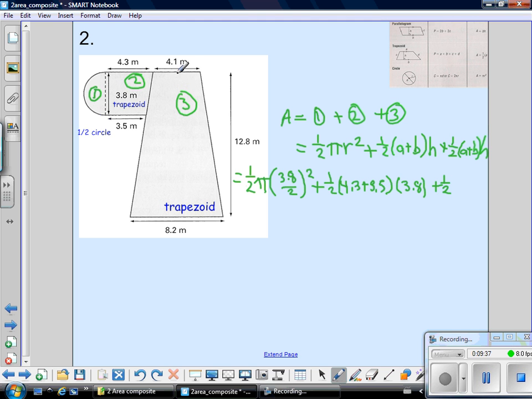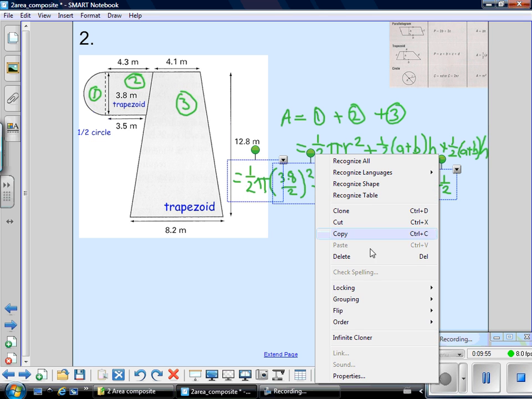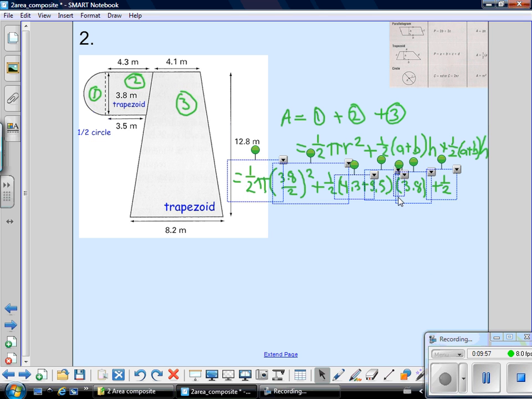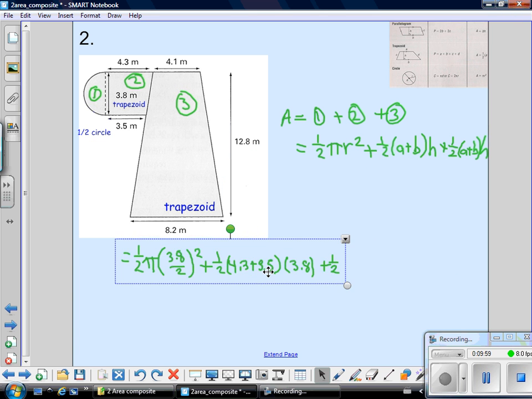This time a plus b, 4.1 and 8.2. And obviously I still didn't make that small enough in order to get what I want. And now I've wrecked it, but that's fine. I'll just group this quickly, bring it down here where I have more room.